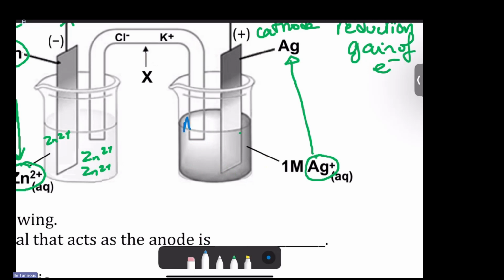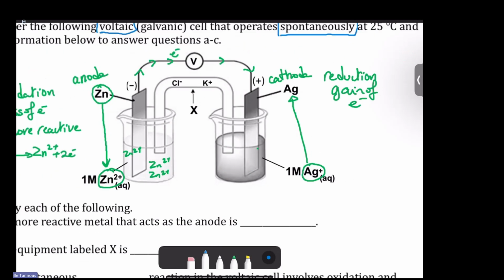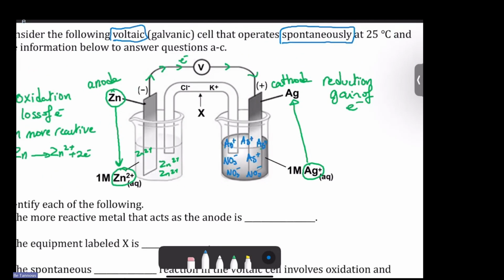I have a lot of Ag+ ions in here, with a lot of negative ions coming from the solution of silver nitrate. However, when the electrons arrive, every Ag+ will catch an electron and give solid Ag. So the amount of positive ions is reduced, becomes less. Therefore, it is consumed.